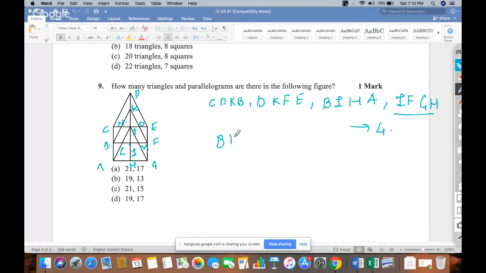BKJA is one. Similarly, KFJG is the other one. CJIB is the third one. And the fourth one would be JEFI. So I'm getting 4 here. These are with 3 components.